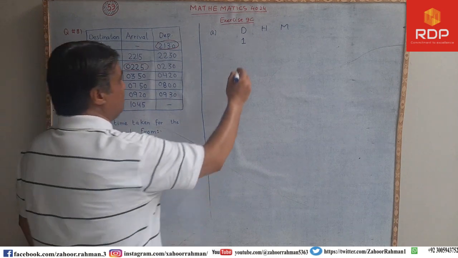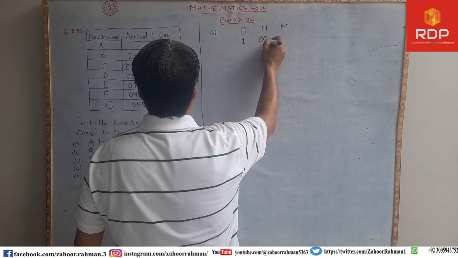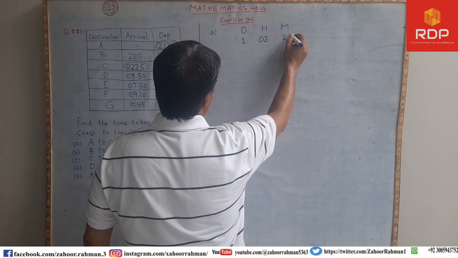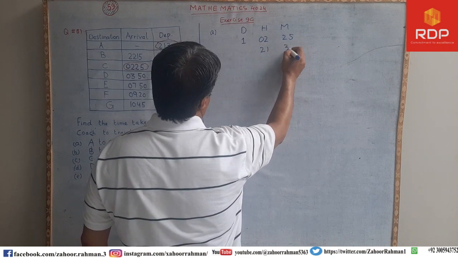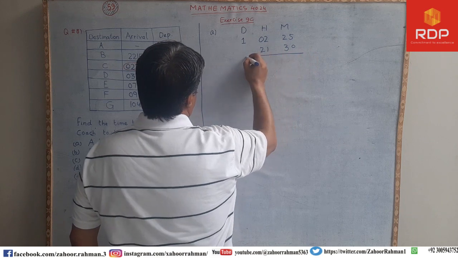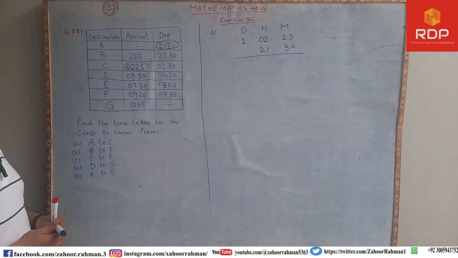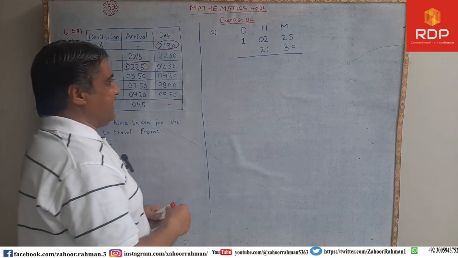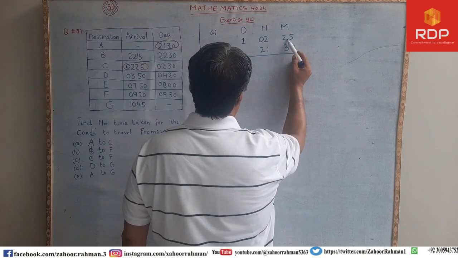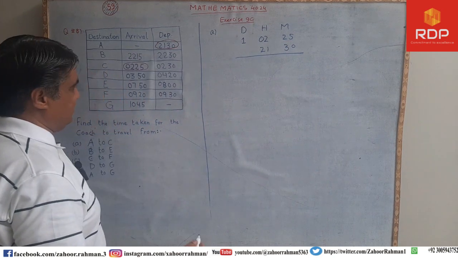And from 0 to 25 we will subtract 21 and 30. You have to keep in mind these small things as well. Okay, can we subtract 30 from 25? No.